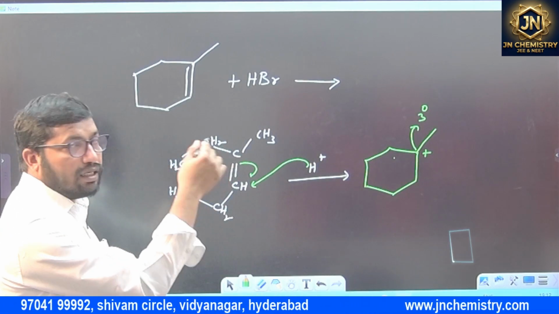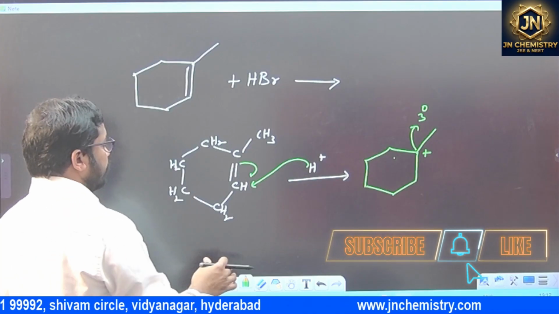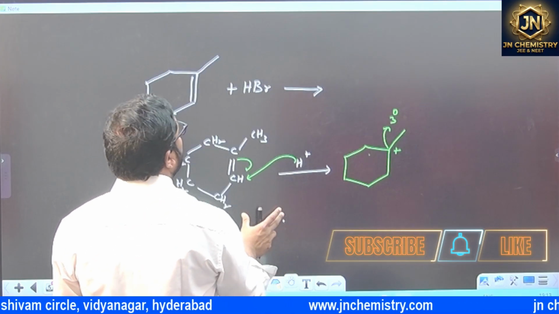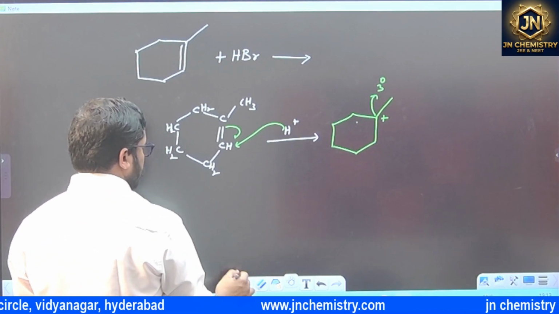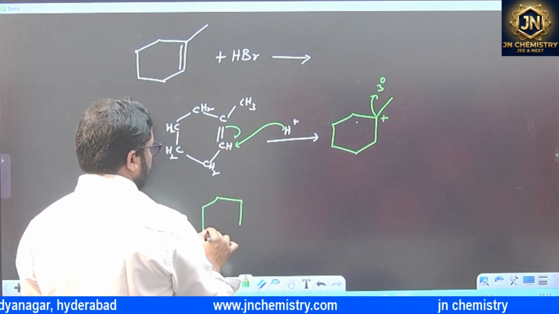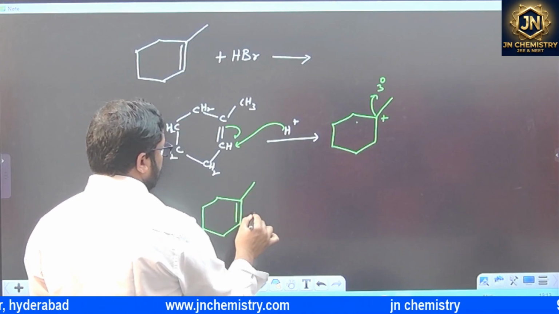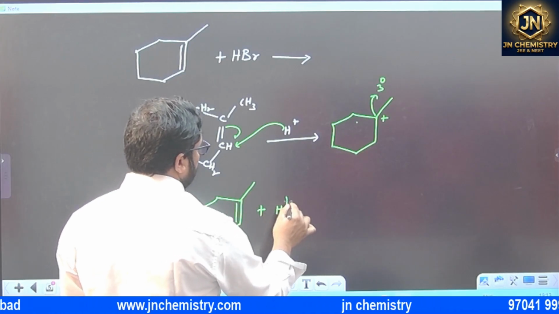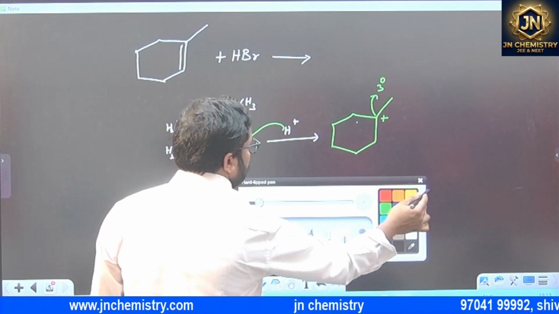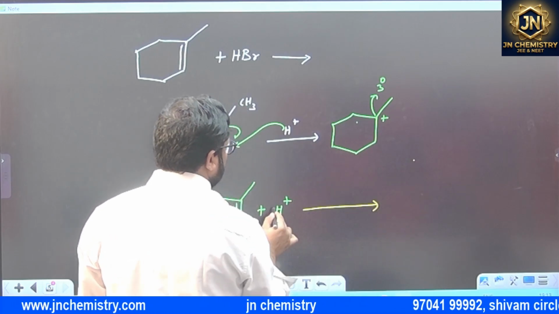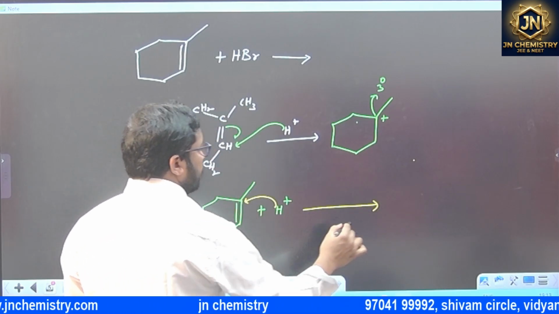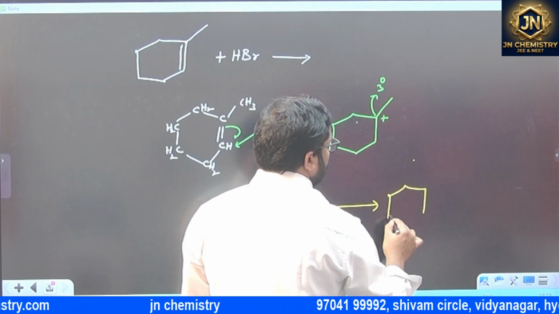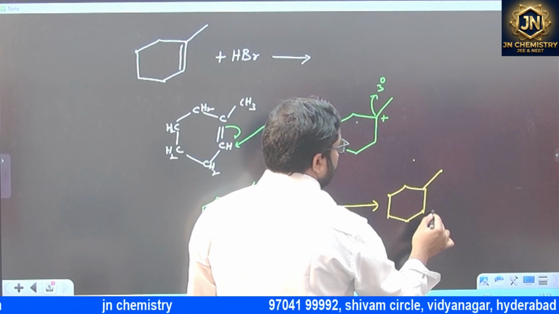If it attacks the other carbon, what exactly happens? If it attacks over here, we'll get this carbocation.